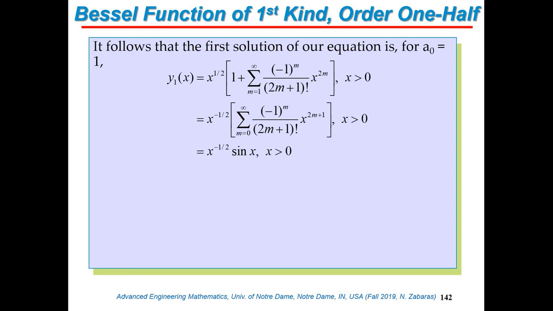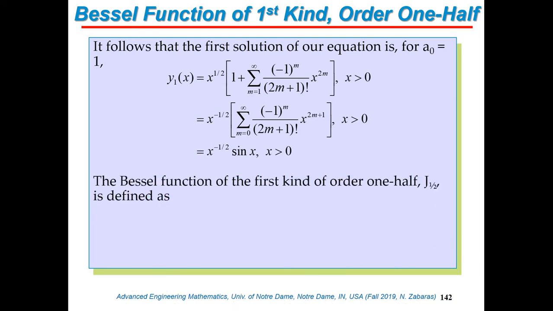So surprise, surprise, the Bessel function of the first kind of order 1/2 is 1 over square root of x times sine of x. And the Bessel function that is used in practice is normalized with this factor that you see here, square root of 2 over pi.